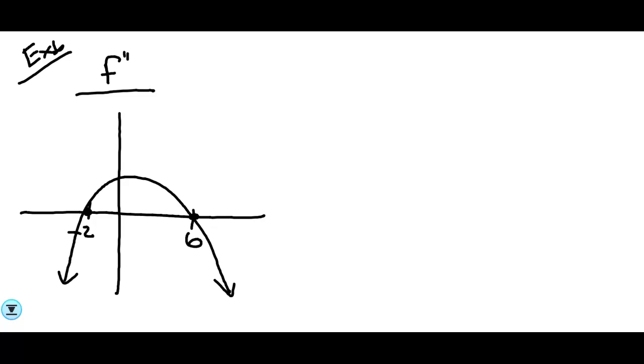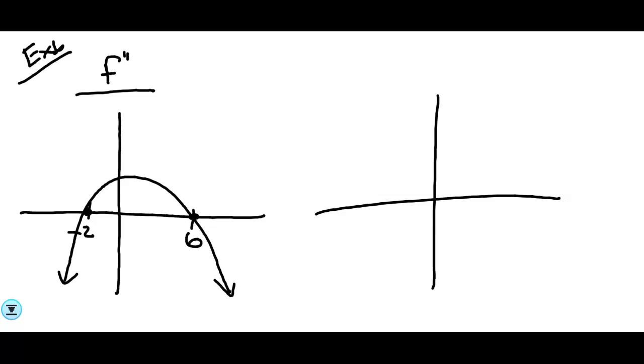All right. Let's see. Serena, tell me something you know about this. Tell me anything you can figure out about this graph. Remember, our goal is we want to graph the original function. Very good.